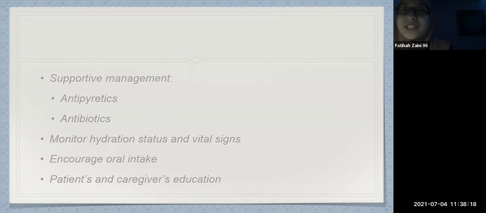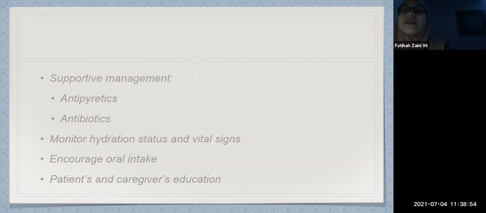If the patient has an upper respiratory tract infection presenting with fever and then exacerbating and triggering a bronchiolitis event, we can prescribe an antipyretic, which is paracetamol syrup, to the child, and antibiotics specifically for pneumonia infections. At the same time, we have to monitor the hydration status and vital signs of the patient, and encourage oral intake. What is important is patient and caregiver education.